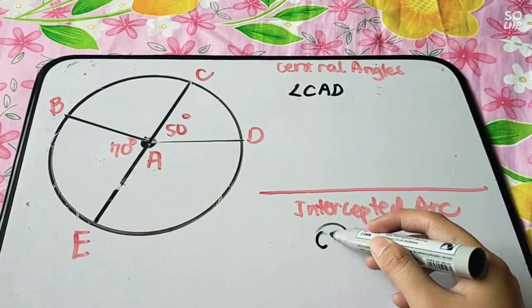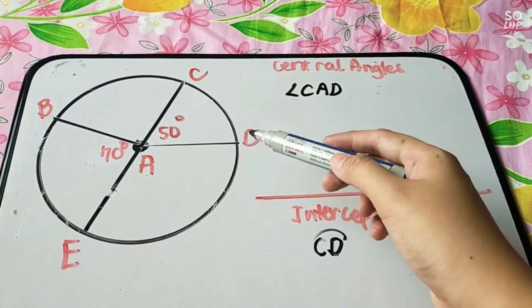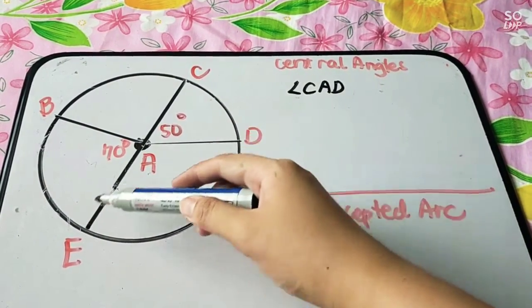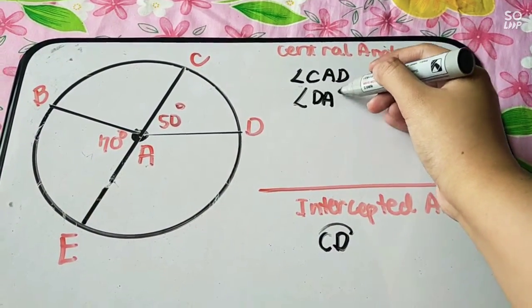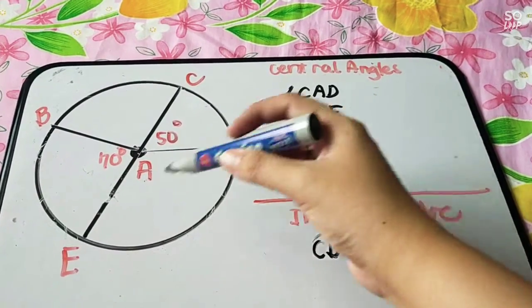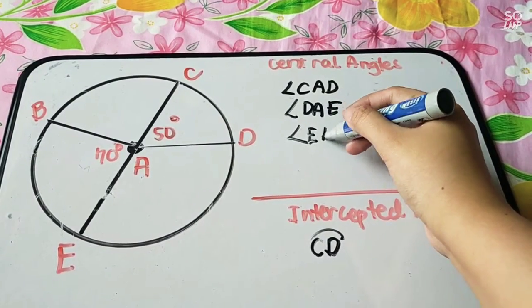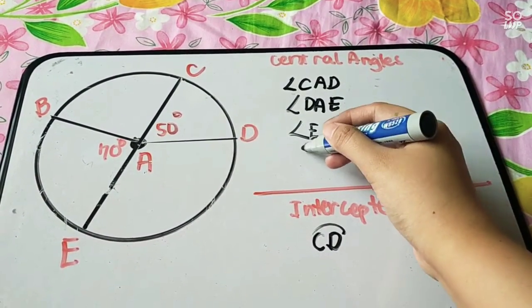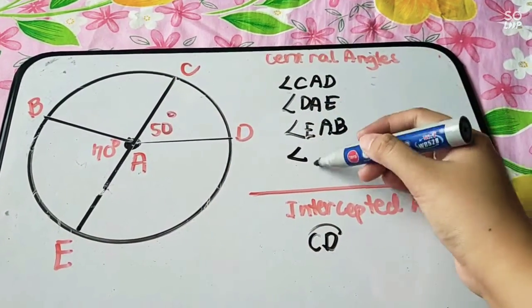Next, we have central angle DAE. Ano pa? We have angle EAB. Next, we have angle BAC.